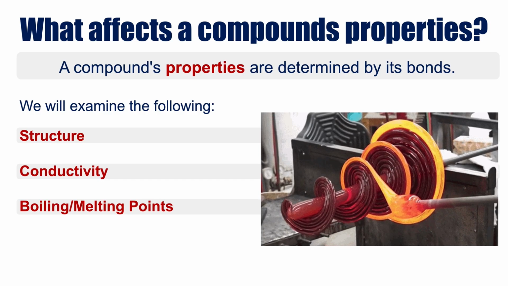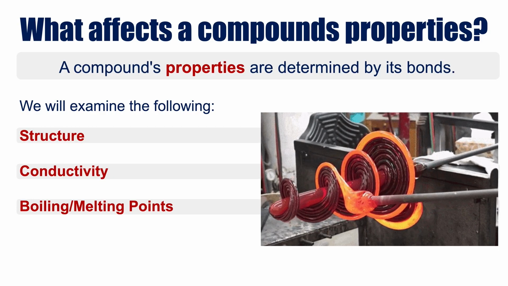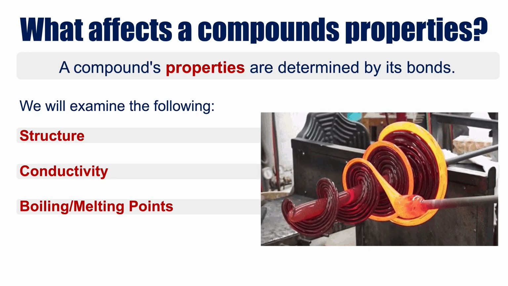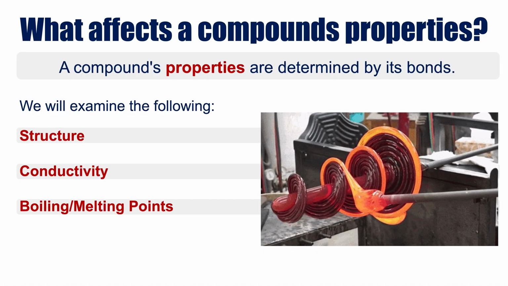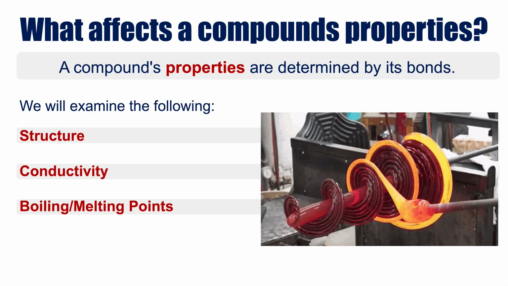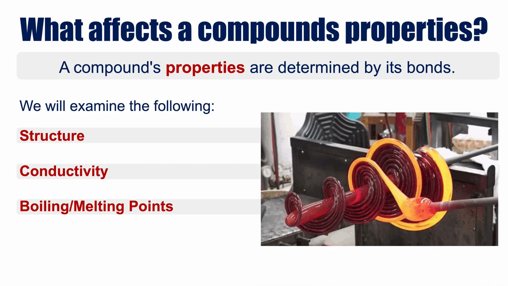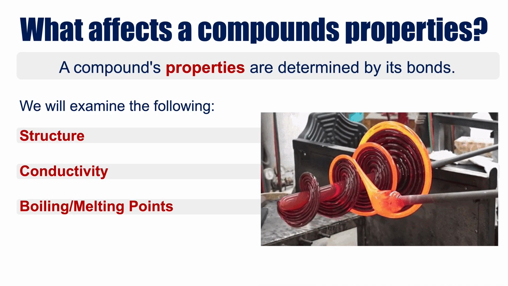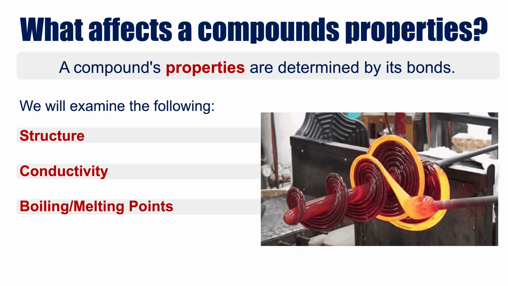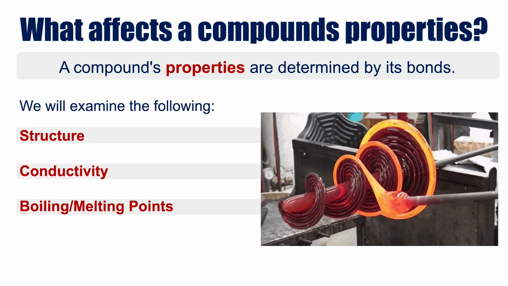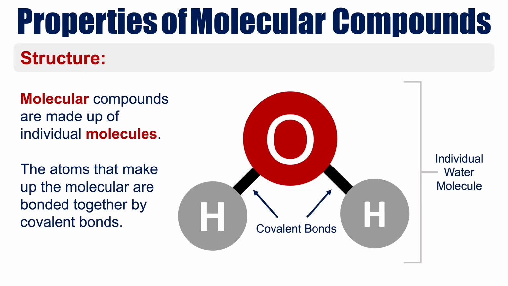All right, so what we're going to look at are the properties of covalent network and molecular compounds. In the last unit, we established the structure, conductivity, and boiling and melting points of ionic compounds. Now we're going to do the same thing for the covalent network and the molecular compounds. So, the structure of a molecular compound.